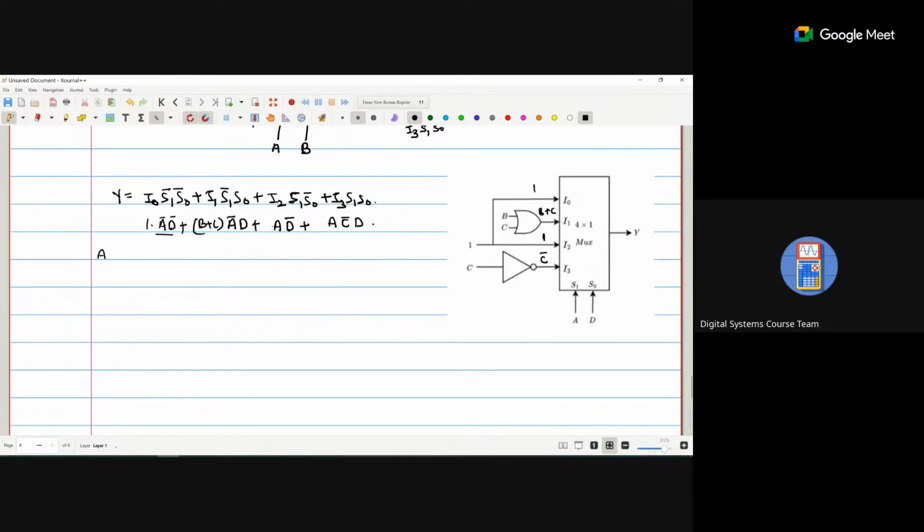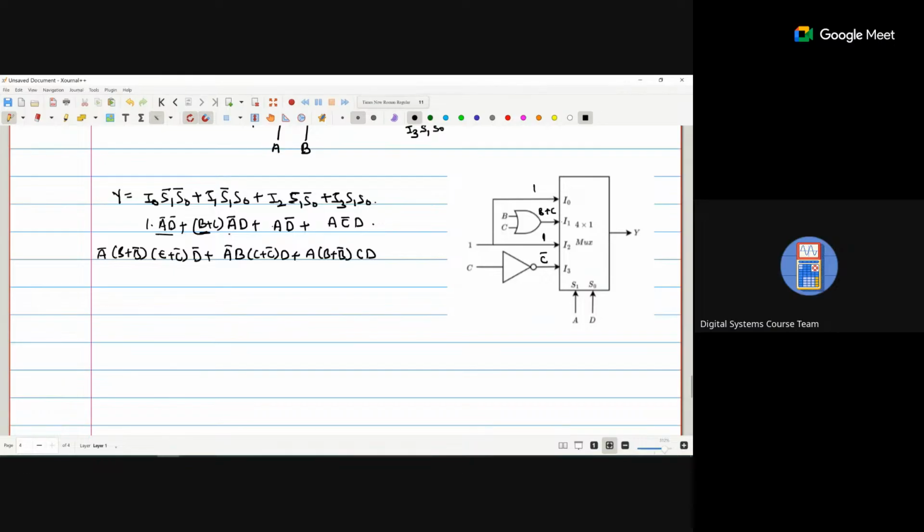Now we have A bar multiplied with B plus B bar C plus C bar D bar, plus A bar B multiplied with C plus C bar D. Okay. Plus A D plus B bar C D.